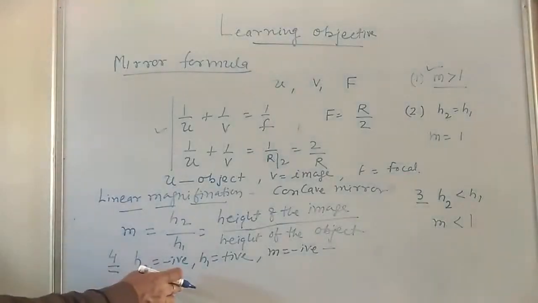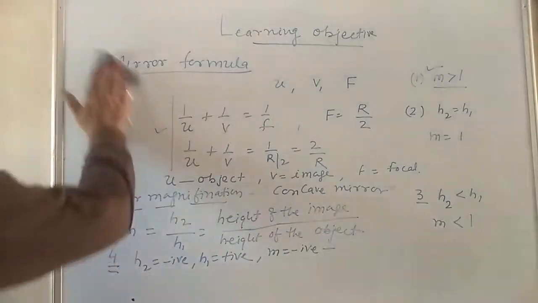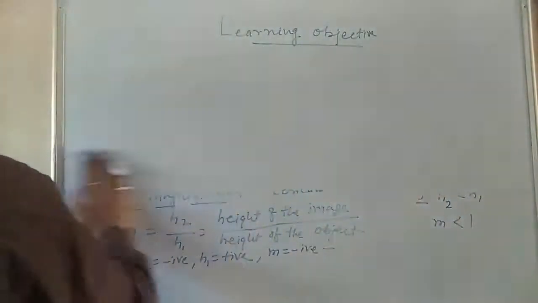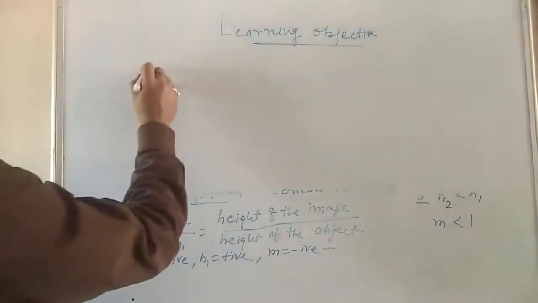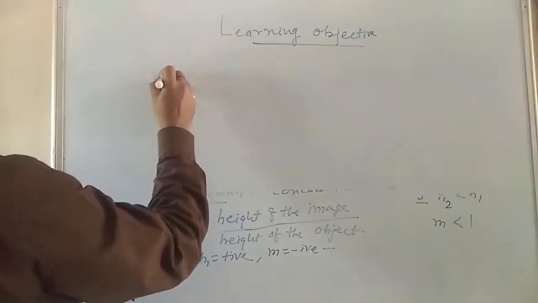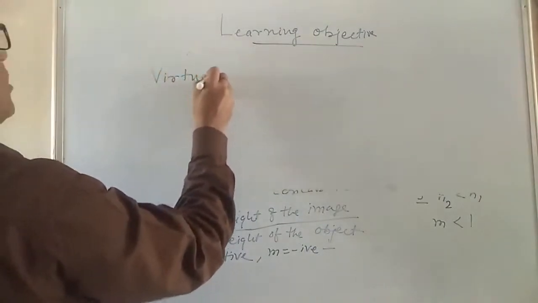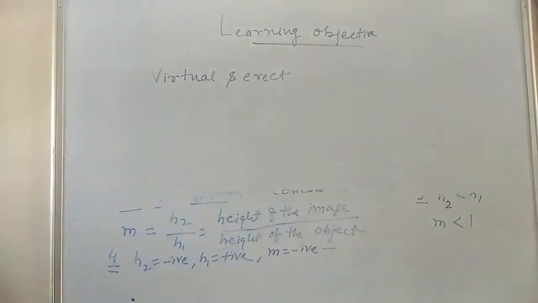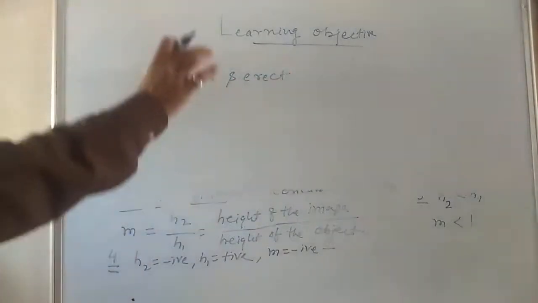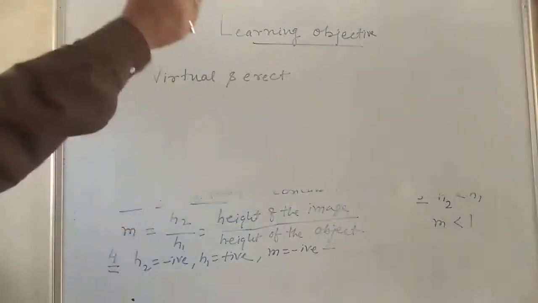Okay? Now, when the image is virtual and erect, then what happens? The image lies above the principal axis.